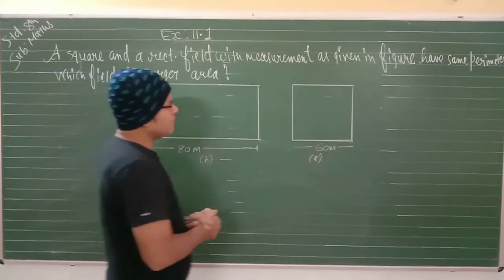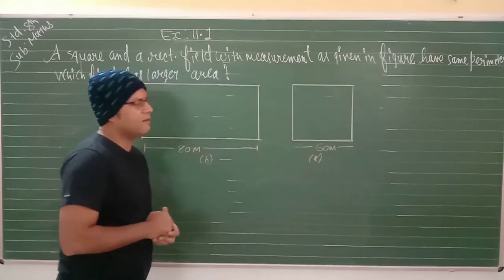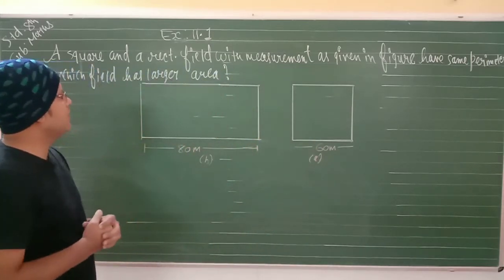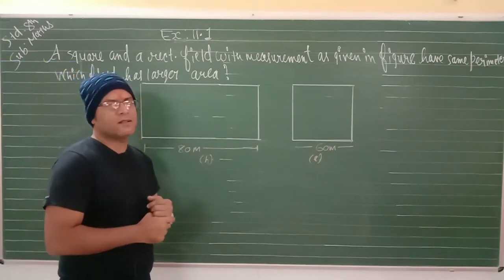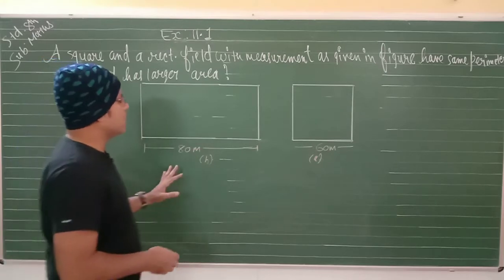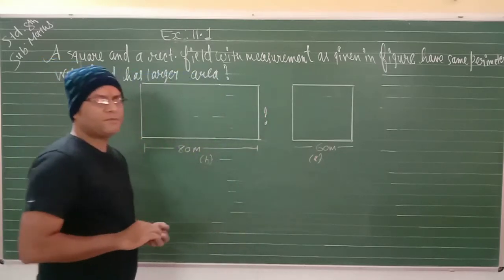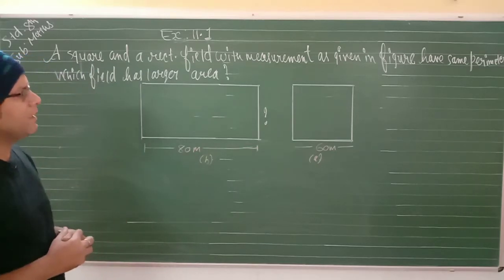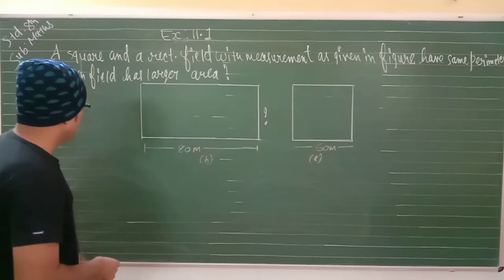Now here you see the figure A, that is square. All the four sides are same. Here you see a rectangle is given. In rectangle, the opposite sides are same. But as you can see here, length is given, breadth is missing. So using the formula perimeter of both these figures, first we will find the breadth.